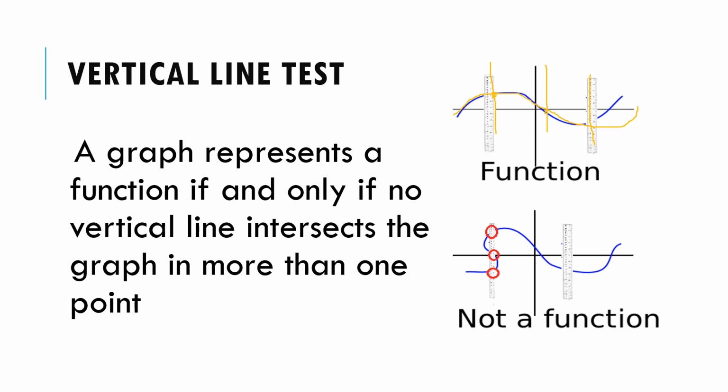Dito naman na graph, so maglalagay tayo ng vertical line dito. Yes, once lang siya nag-touch, pero sa ibang part ng graph, how about here? So, dito pa lang, 3 times siya nag-touch sa graph. That means this is not a function. So, again, we can identify if the graph is a function or not by the vertical line test.